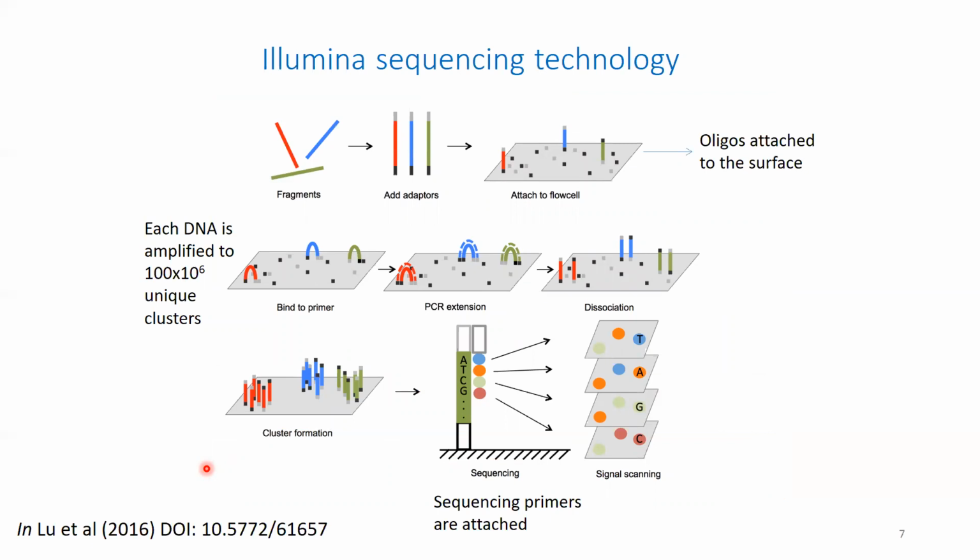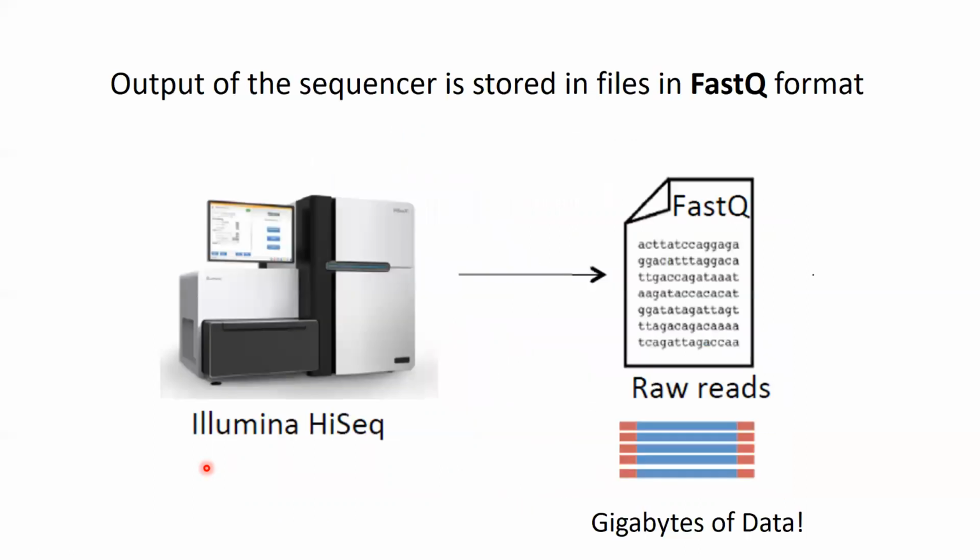Let us assume that our sequencing worked well. I will not go into the details of how the Illumina sequencing works again, but again, I encourage you to watch the video previous to this webinar. Sequencing reads are stored in files in a format which we call the FASTQ format. And those files are the output of our sequencing machine.